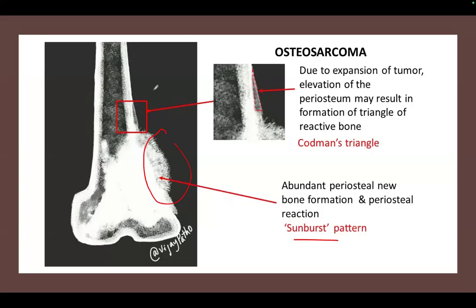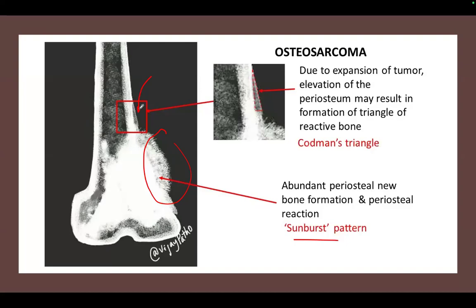Then here is the Codman's triangle. Since the bone is involved, the periosteum becomes elevated, and that is actually a sign of periostitis or a reactive bone.